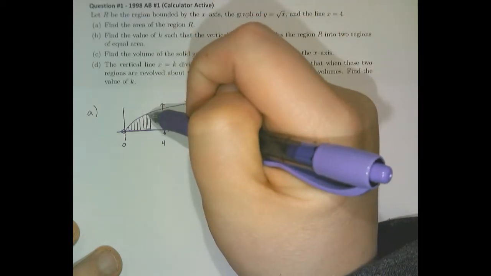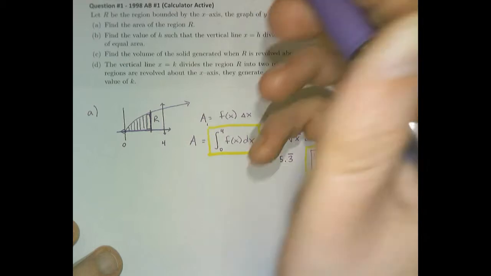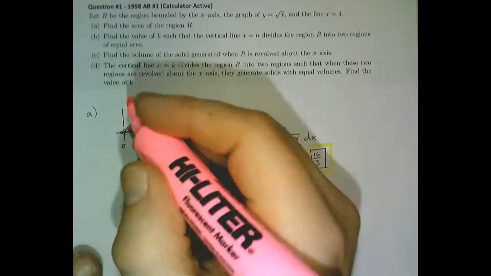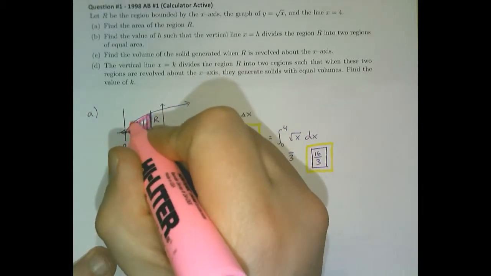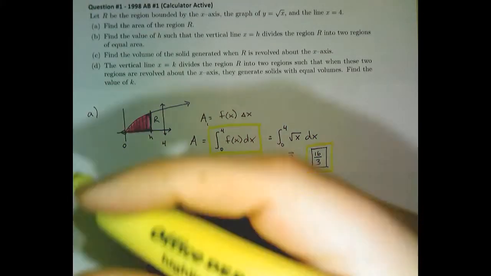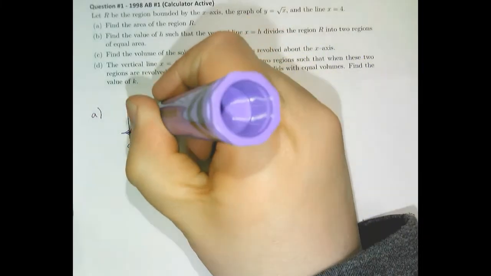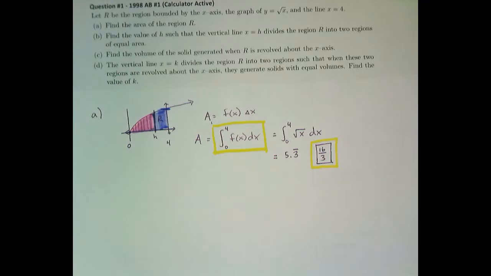So what they're doing is essentially creating a line at h so that the area on the left side of the line is equal to the area on the right side of the line. And we're not getting into the volume portion yet, we are just looking at area. So these two regions, the pink one and the purple one, we want to set that up.